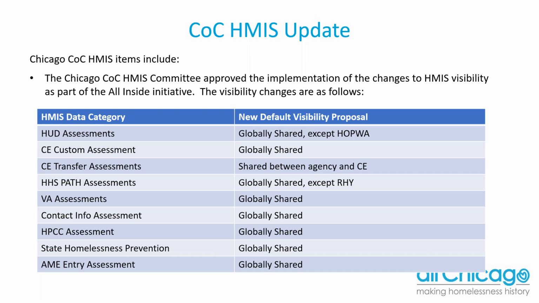So the short answer is for the new data, because this is all done on a go-forward basis, for the new data that is entered, depending on which assessment it's brought in, and most of them are globally shared, yes, you will have access to that data both when you go into the HMIS and look at it on the screen, as well as when you report it through business objects, and when you report it through your APR and other kinds of things. If you have visibility to it under the new setup, you'll be able to see it in the application, see it in the reports, and see it in business objects.